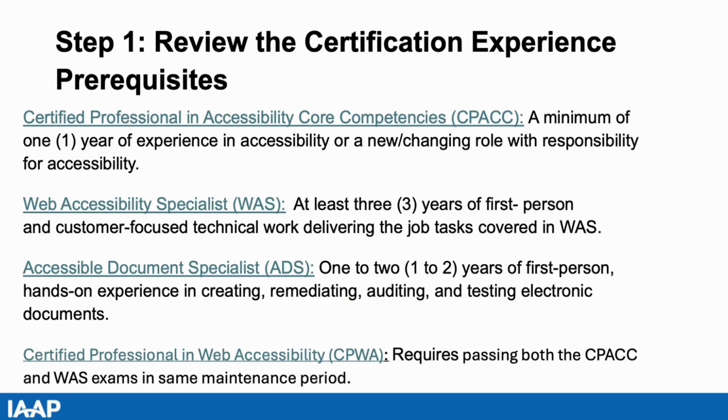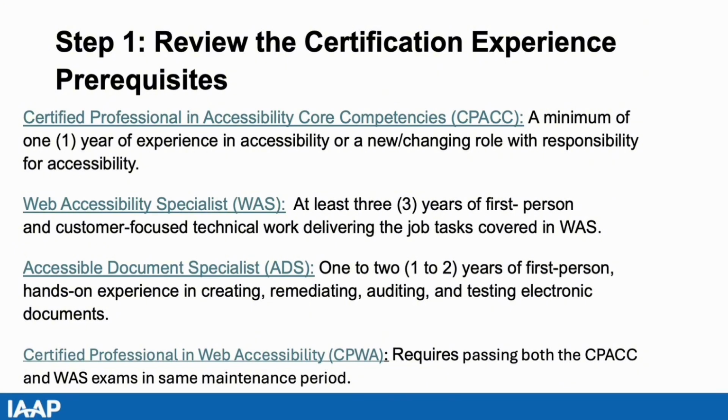Certified Professional in Accessibility Core Competencies, CPAC, requires a minimum of 1 year of experience in accessibility or a new/changing role with some responsibility for accessibility. Web Accessibility Specialist, WAS, requires at least 3 years of first-person, hands-on, and customer-focused technical work, delivering the job tasks covered in WAS.